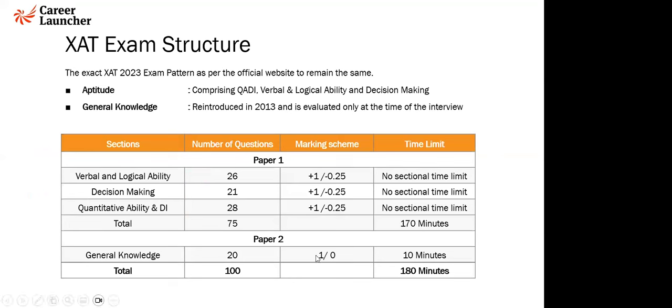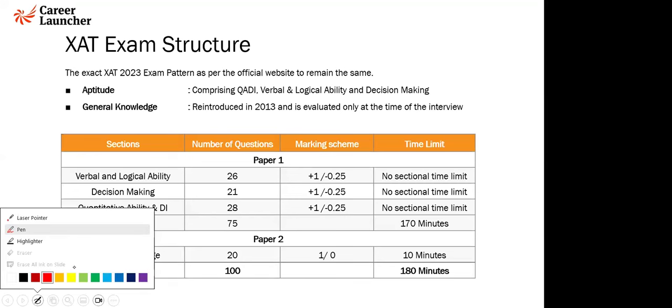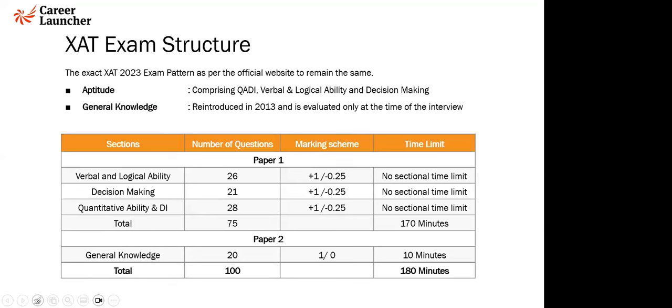Next, there's a question: should we do PYQs from 2008 to 25 or mock tests first and then PYQs? Both have to go parallelly. As far as QA is concerned, I would say you should do XAT papers from 2018 to 25.